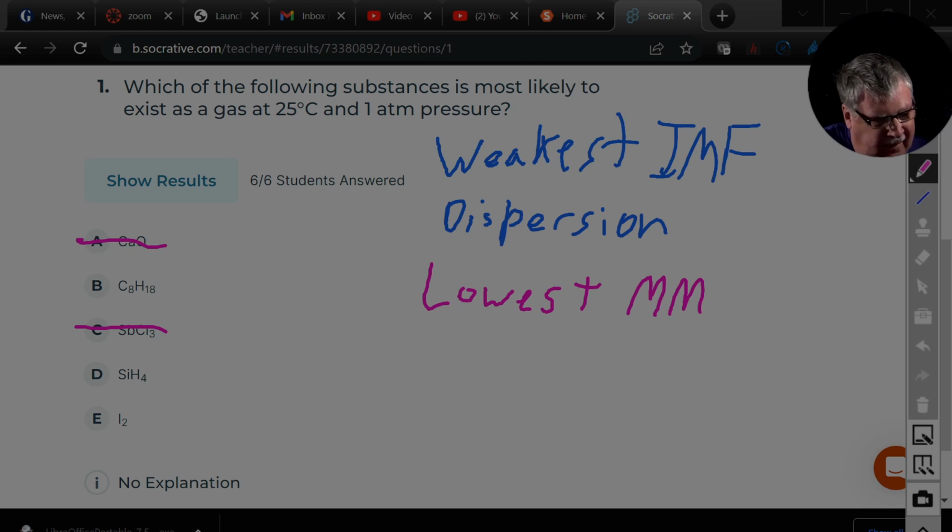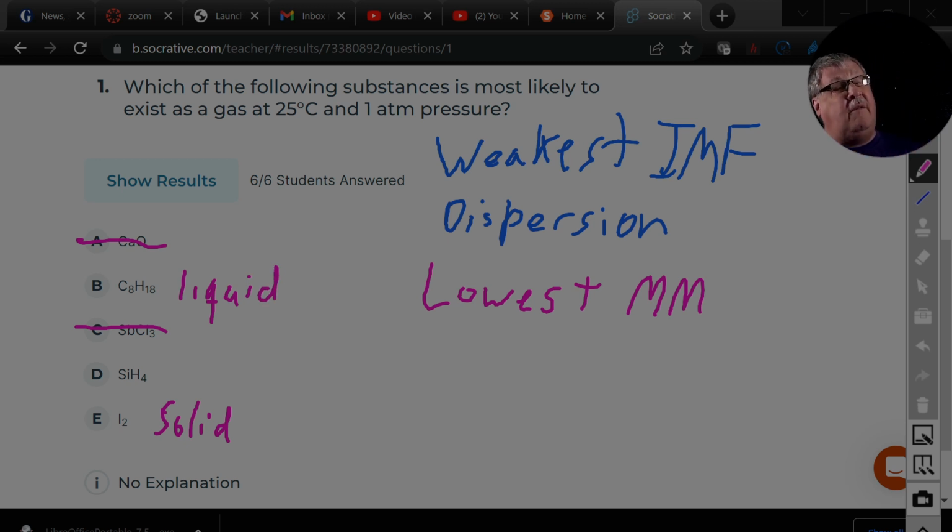Here's what I know. At room temperature, I2 is a solid. C8H18 is a liquid. It's octane, what we use as a rating for gasoline in terms of its combustibility. And so what that leaves us with is this one. Indeed, if you look at the molar masses, the silane, or silicon tetrahydride if you prefer, is the lowest molar mass. So it's most likely to exist as a gas at room temperature, and indeed it does.